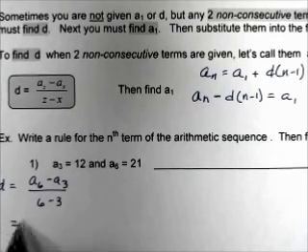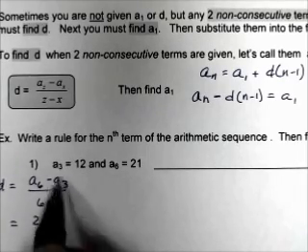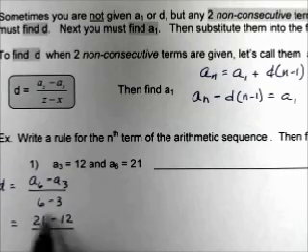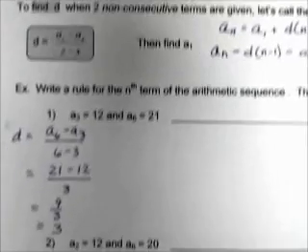Well, a_6, our sixth term value, is 21. Subtract our third term's value, 12, divided by 6 minus 3 is 3. 21 subtract 12 is 9, divided by 3 is 3. So our d value is 3.